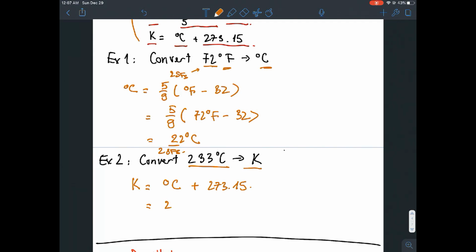The Kelvin is equal to 233 plus 273.15, which is equal to 506 K. We have the unit at the end, that is the K. Okay, it's pretty simple.